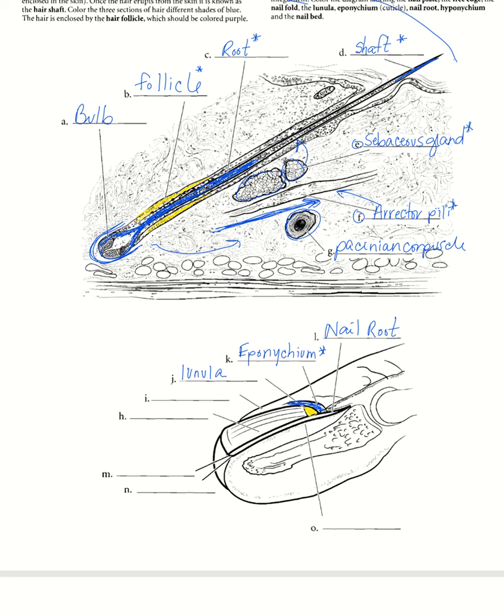The skin that is on either side of your nail is the nail fold. And the portion of your nail that is rigid, or the portion that gets painted, if you've ever painted your nails, is the nail plate.